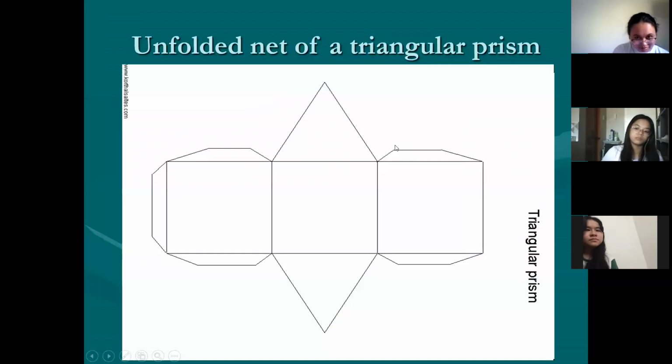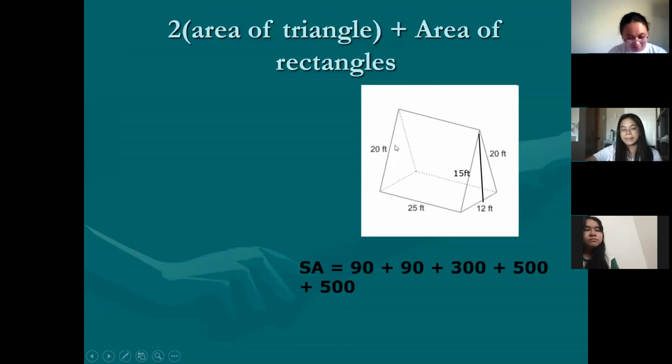This is the net figure of the prism, class. The two bases are equilateral. To find the total surface area, you have to add the area of the two triangles, then add the area of the rectangles.